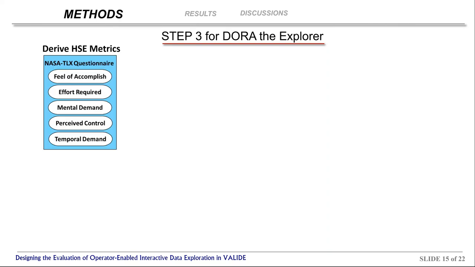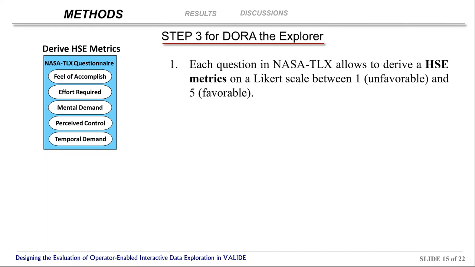Step 3 includes deriving HSC metrics using the NASA TLX questionnaire, which consists of asking questions related to participants' feeling of accomplishment, effort required, mental demand, perceived control, and temporal demand. Each question in NASA TLX allows us to derive HSC metrics on a Likert scale between 1 as favorable and 5 as unfavorable.